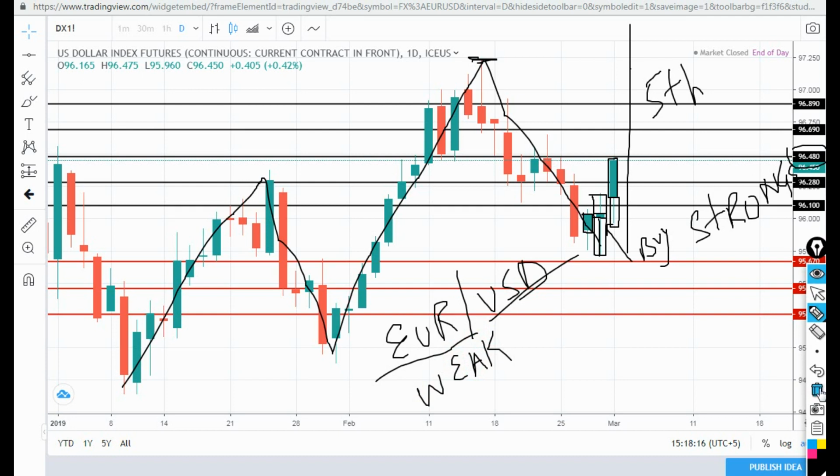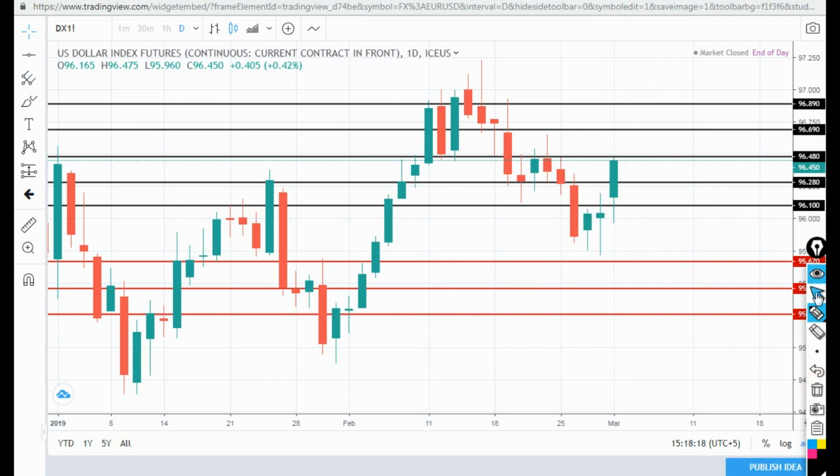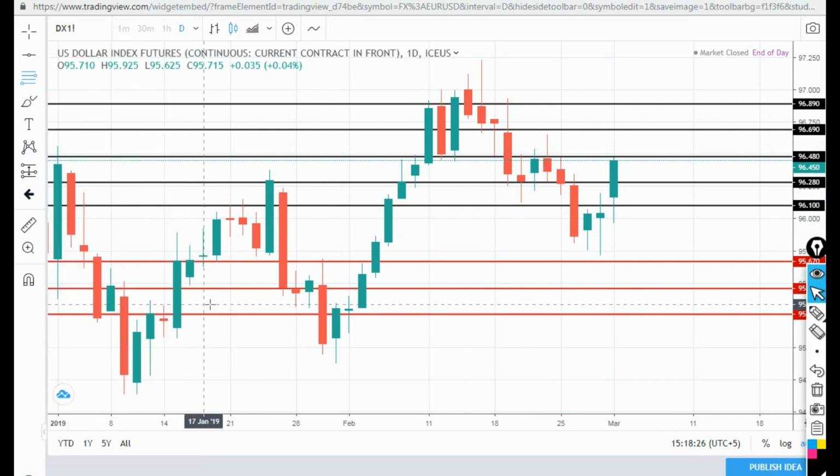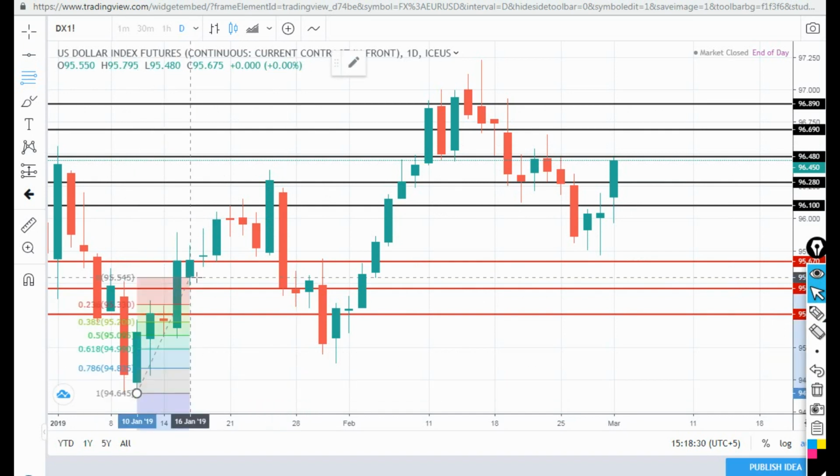So let me find out more clues. Let me click here and go to the Fibo retracement, and let me check how much it retraced from here to here.